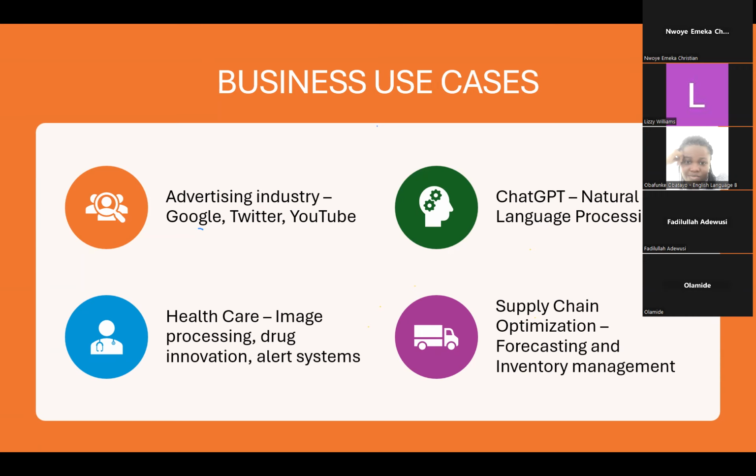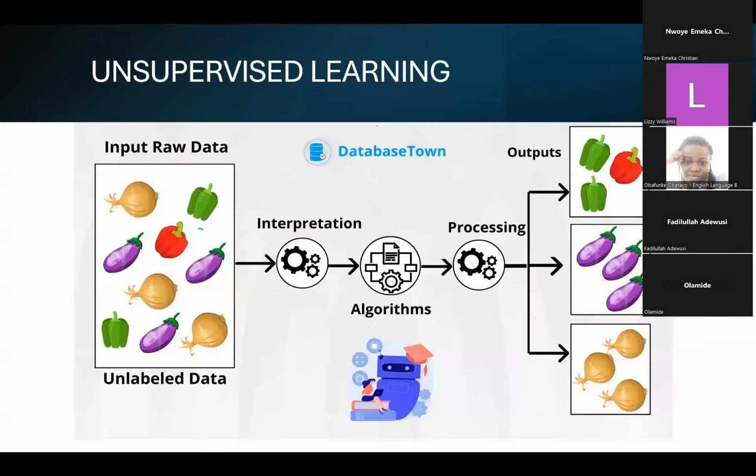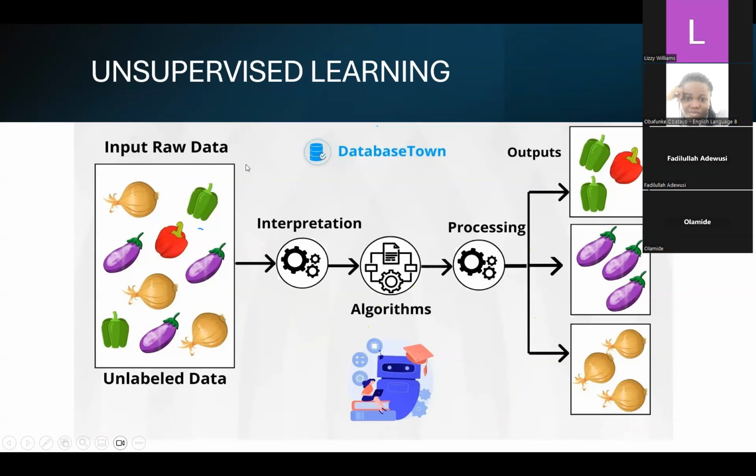For the unsupervised learning now, the inputs are unlabeled. You need an algorithm to categorize and separate those inputs into different groups.